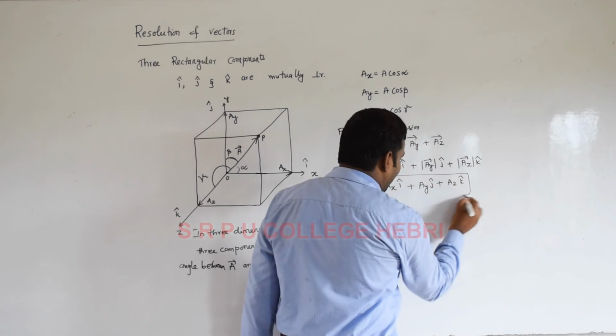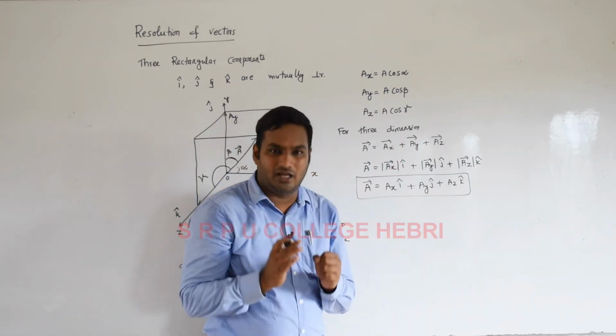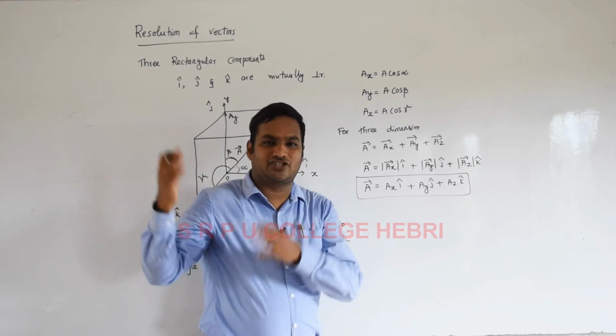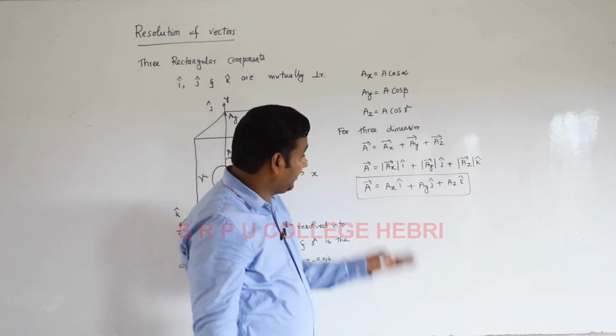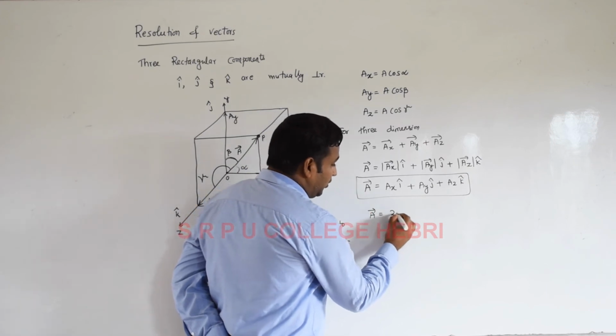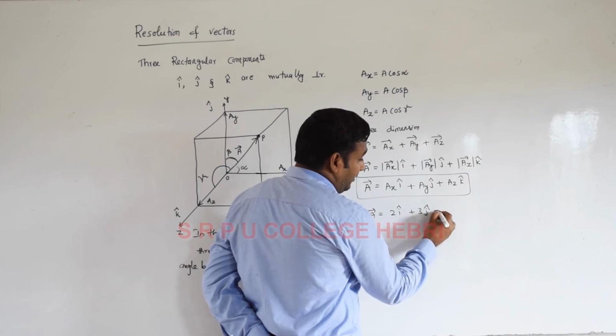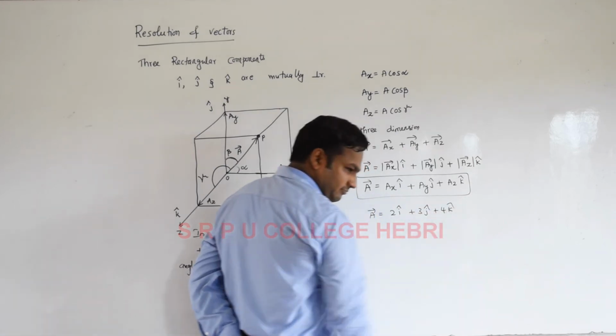It is a formula I got, remember, where ax, ay, az are the particular values along the x-axis, y-axis and z-axis. We can take an example like vector A is equal to 2i cap plus 3j cap plus 4k cap.